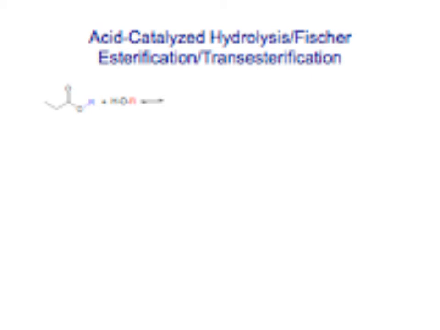So this is going to be the acid-catalyzed hydrolysis. So that was a reaction on the last slide. The Fischer esterification. Okay, that's really a reaction of a carboxylic acid, and that's the reverse reaction of the hydrolysis. Okay? And the last one is called the transesterification. I showed you on the last slide. That's just exchanging one alcohol group for another.